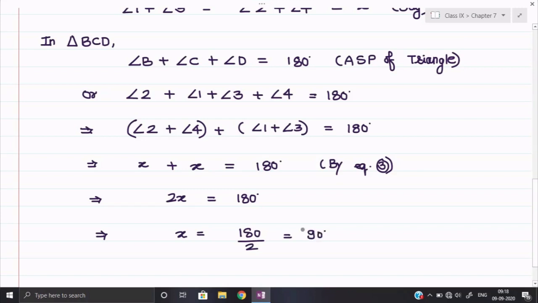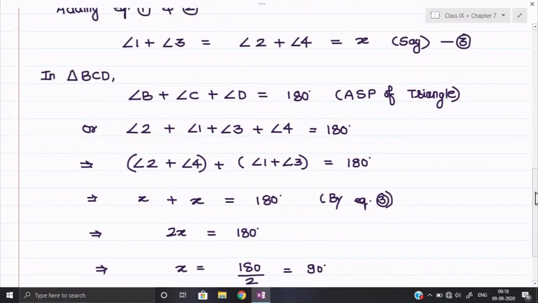Right? But what was our target? The target was to prove angle C is equal to 90 degrees. One thing, tell me, can I replace x by 1 plus 3? Because see equation number 3. In equation number 3 you can replace x by either 1 plus 3 or by 2 plus 4.